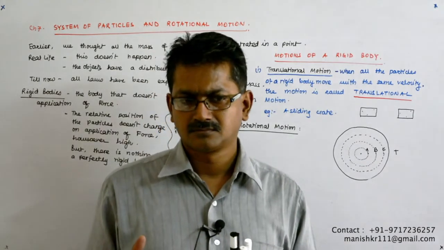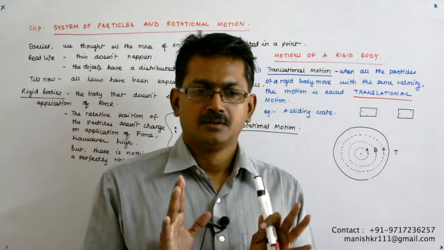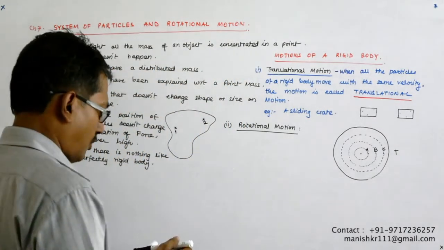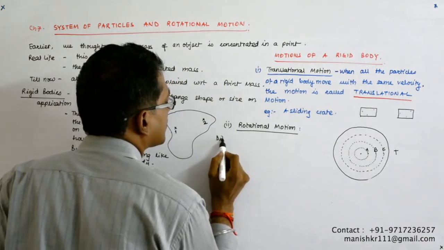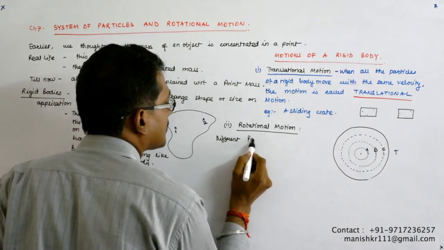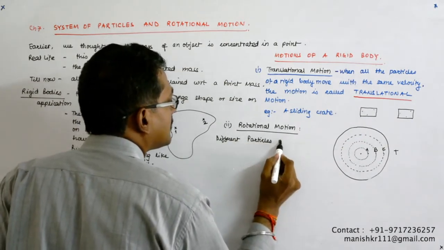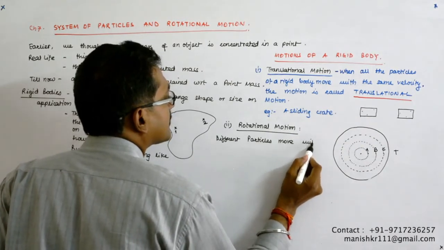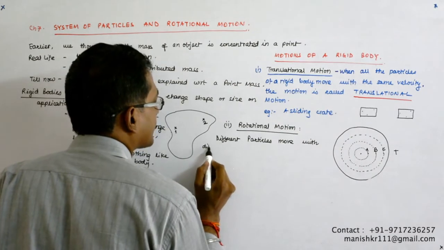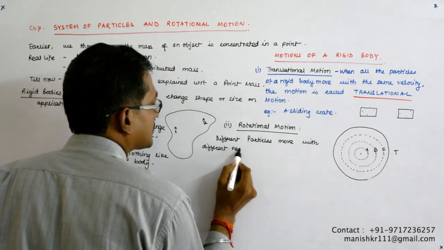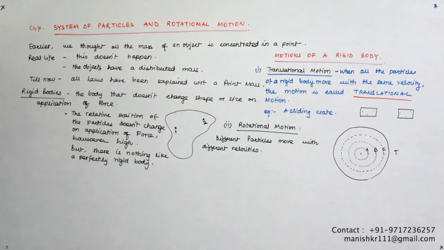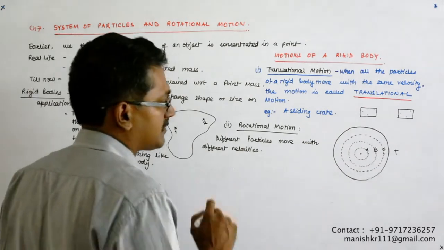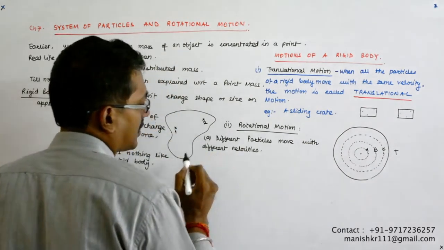Correct? So different particles move with different velocities. That is number one.